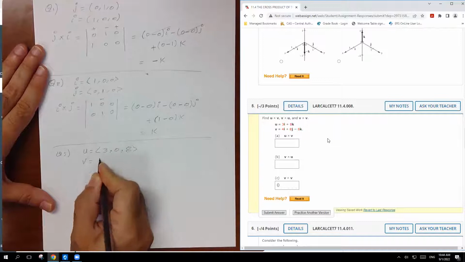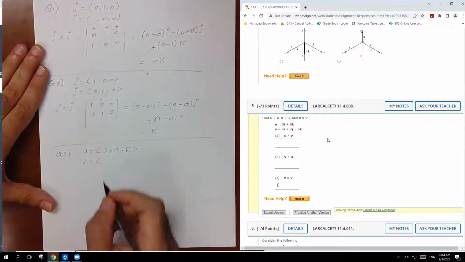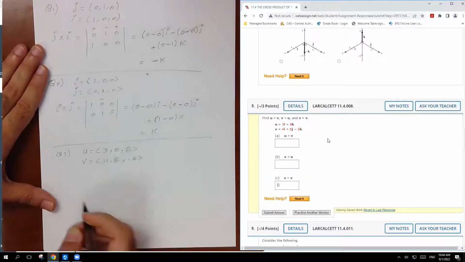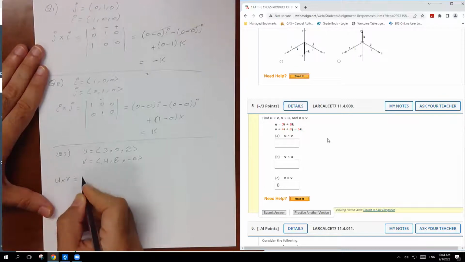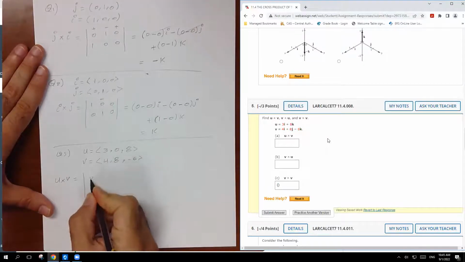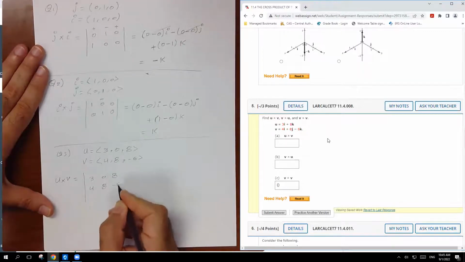And v is 4, 8, negative 6. So the cross product between u and v is going to be 3, 0, 8, and 4, 8, negative 6.